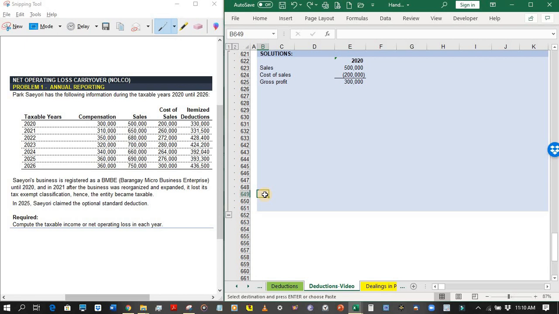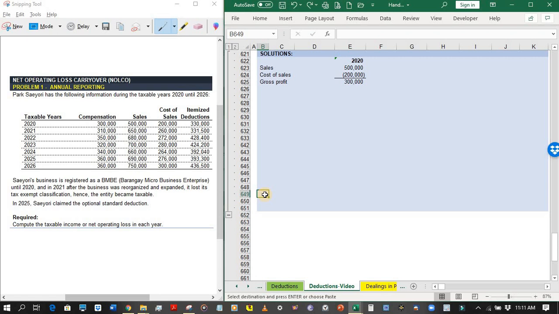Which means that in 2020, if the problem is silent, by default, it is always the itemized deductions. The OSD will only be deductible if the taxpayer selected such deduction in its first quarter income tax return. So for 2020, we will use the itemized deduction.